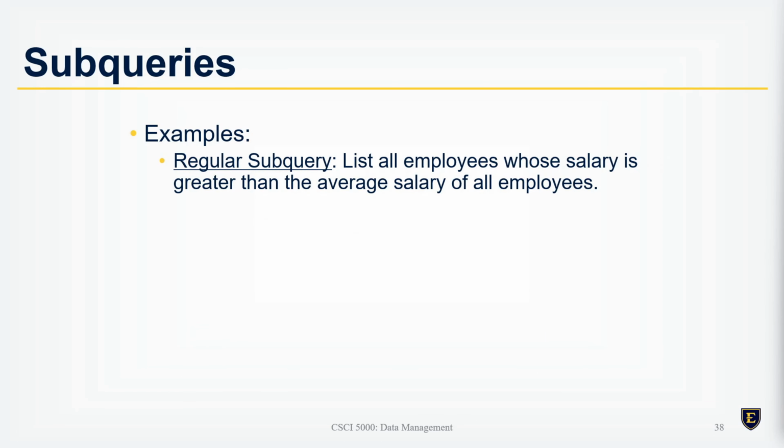Now, if we want a regular subquery, we list all the employees whose salary is greater than the average salary of all employees. So now instead of the salary greater than 1,000, we want the salary for an employee to be greater than the average salary for all employees.